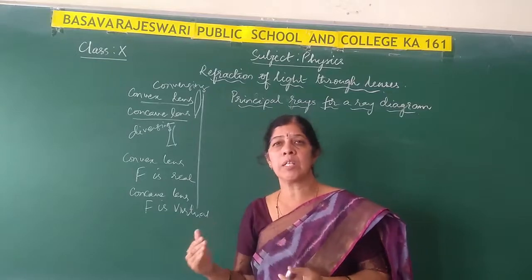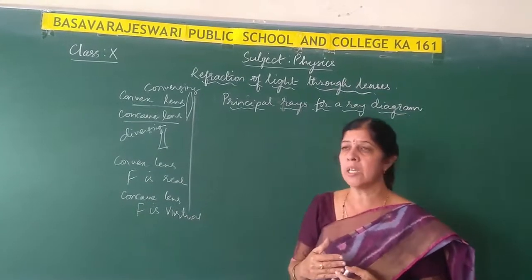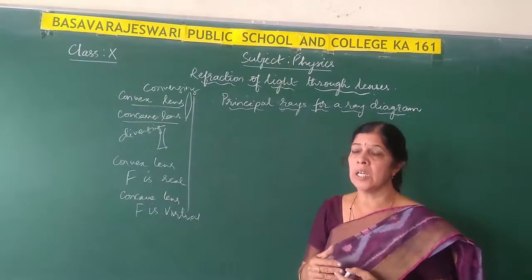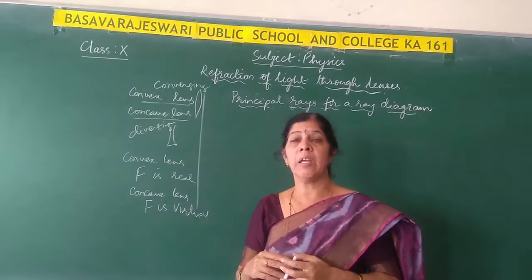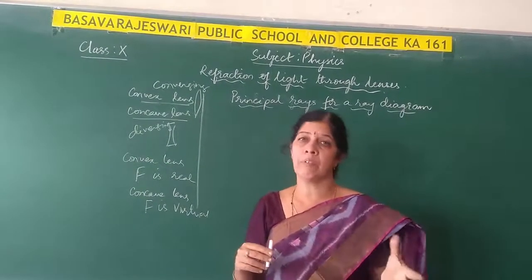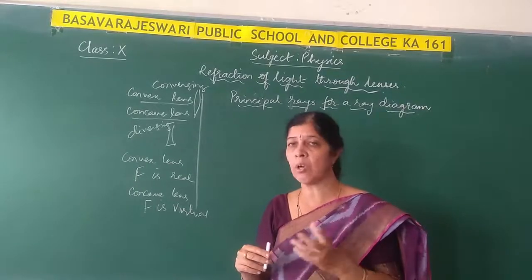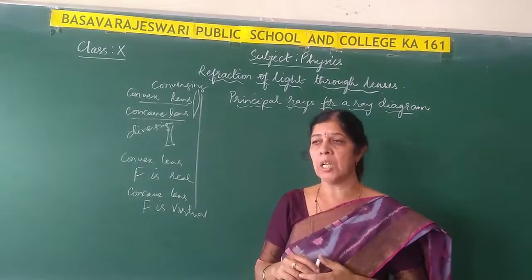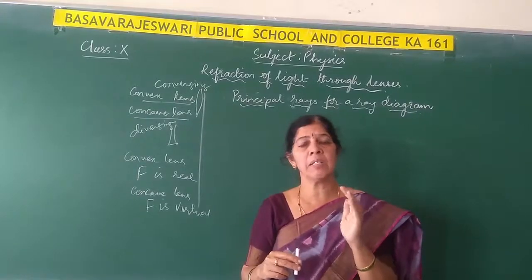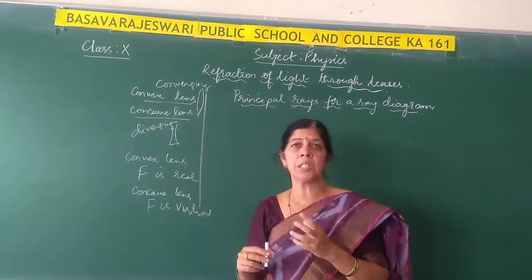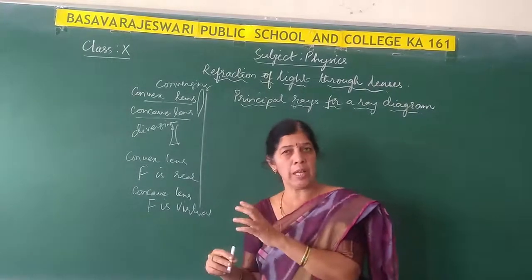Before we go for studying about formation of images, we should remember that the light rays coming from an object, they either converge or diverge to form a real image or a virtual image. Now, if you consider an object, there will be many light rays traveling from the object and they will be incident on the lens.